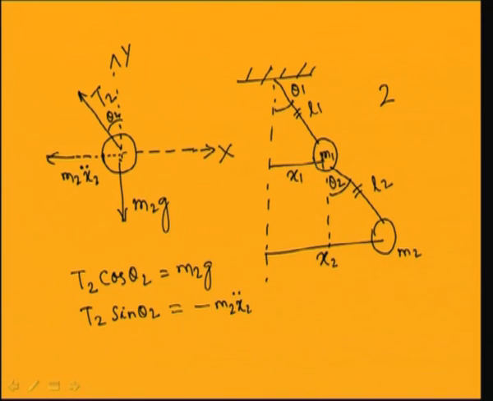Now I can draw the free body diagram of this mass m1. For this mass m1, this is the vertical line, this is the horizontal line, this is the x direction, this is the y direction, and this is the tension. This angle is theta 1 and the other one will be theta 2.